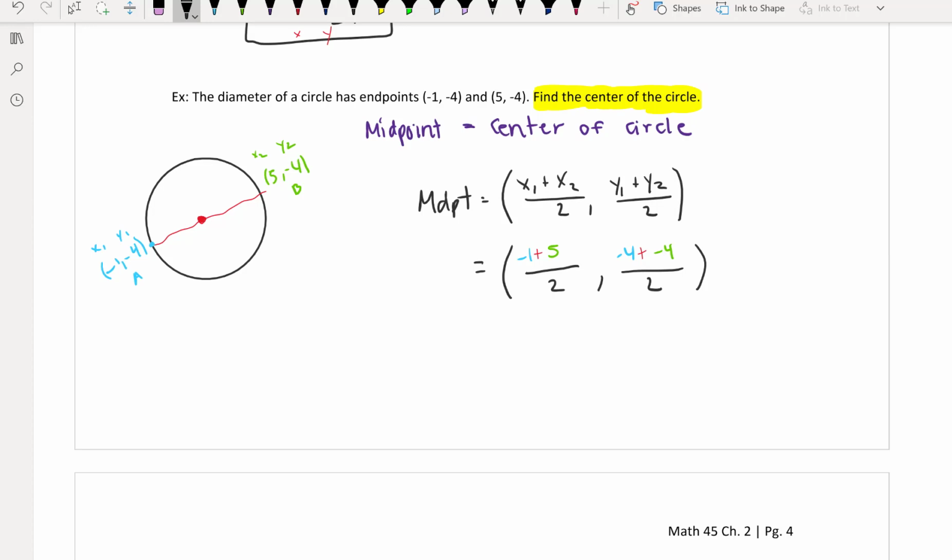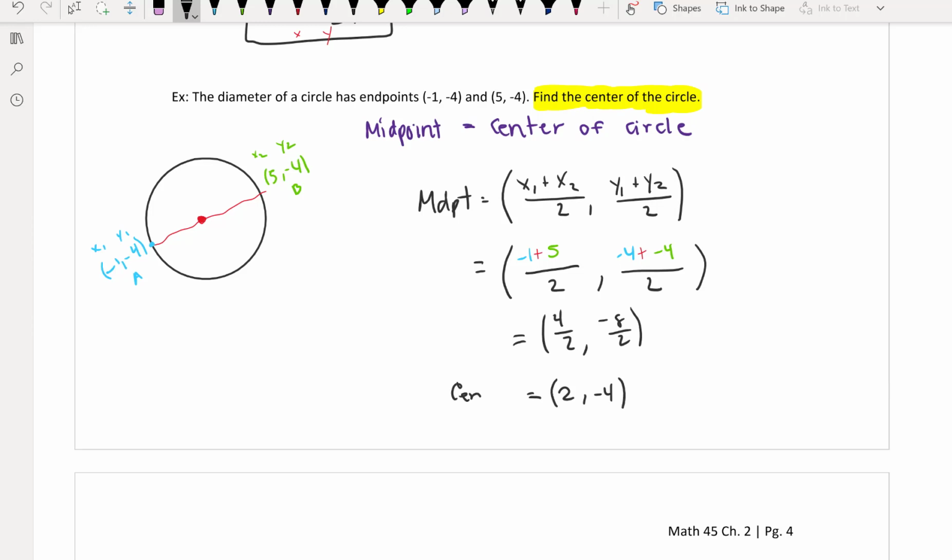So now I have -1 plus 5, so 4 divided by 2. And -4 plus -4, you get deeper in the negative, so it's -8 divided by 2. Of course, you can simplify this: 4 divided by 2 is 2, and -8 divided by 2 is -4.